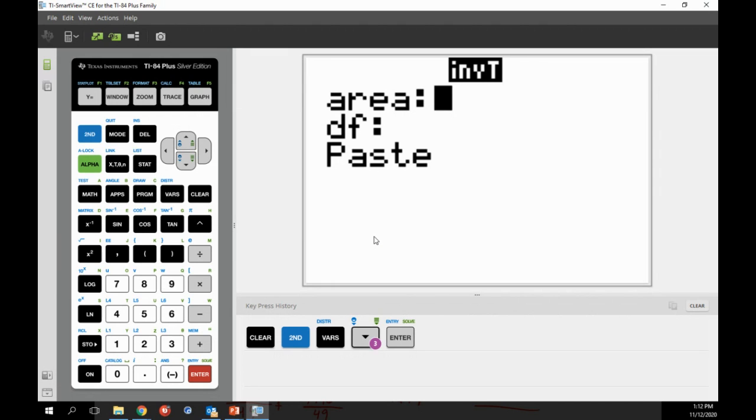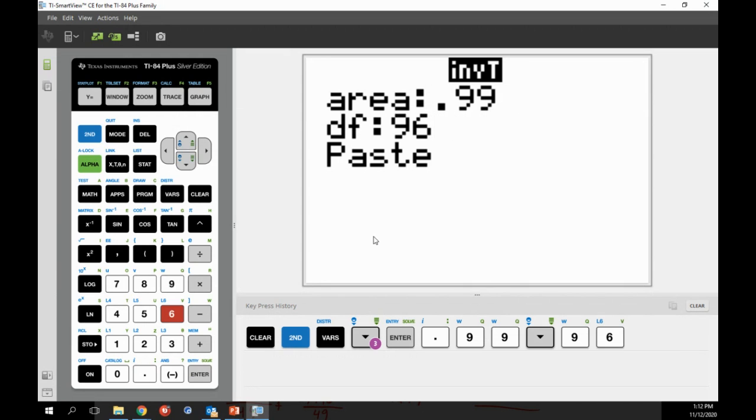What percent is left for each tail? 1%. So when it says area for inverse T, we wouldn't want to put 0.01, we'd want to put 0.99. What we're doing here is we're giving it the area and the degrees of freedom, which we said was 96. And then it's going to tell us what critical value we would have.